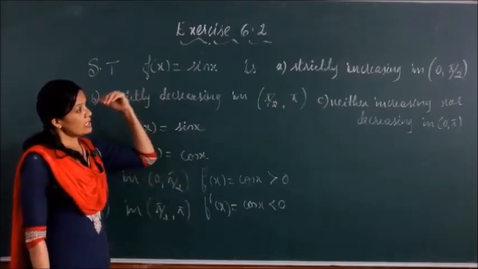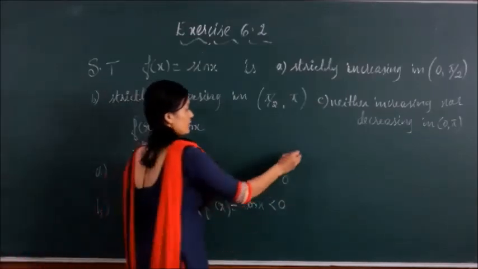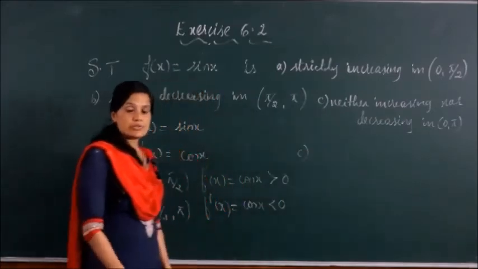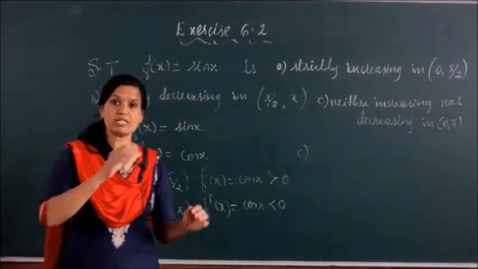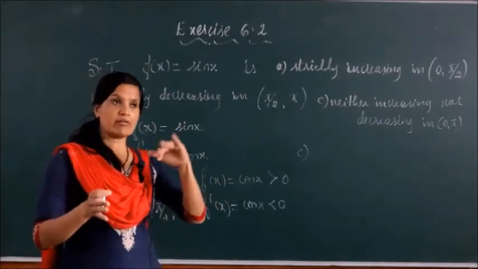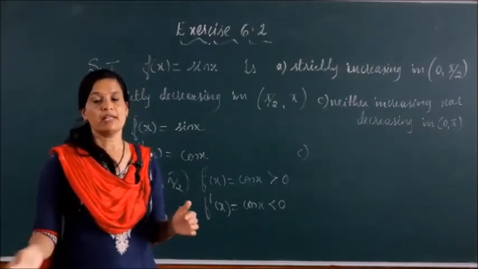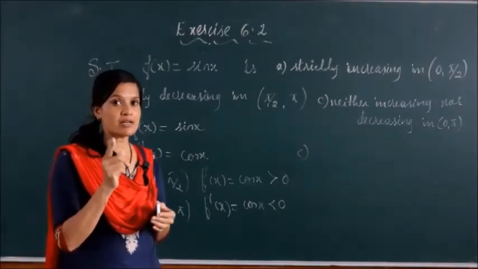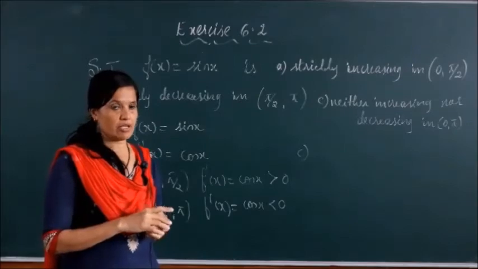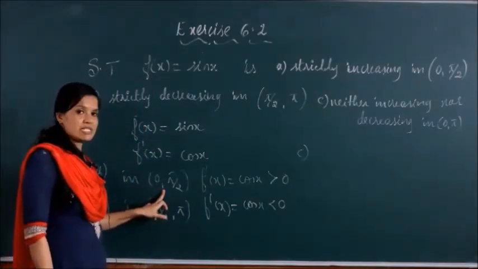Third one, neither increasing nor decreasing in the interval 0 to pi. As I said, when there is periodic increase and periodic decrease, the function increases and decreases periodically, then such a function is called neither increasing nor decreasing. So, here in the interval 0 to pi by 2, the function is increasing.